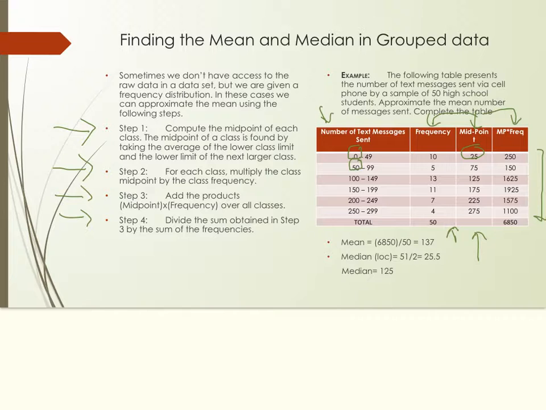Those are our class intervals. And then from the class intervals, someone counted the frequency of each of those text messages between those two values. And we got the frequencies. And then we added the frequencies up, and it should come out to be 50 students. And it does.